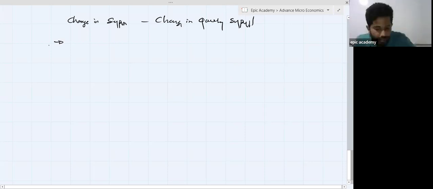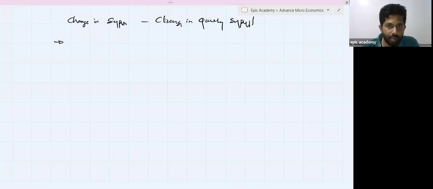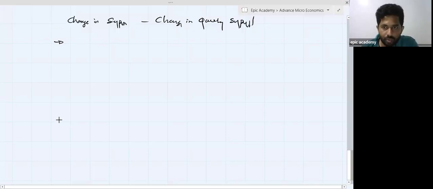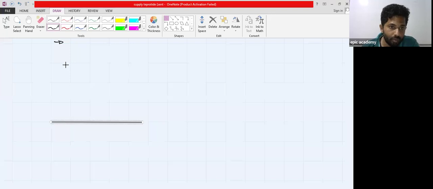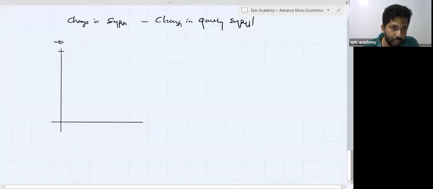Changing quantity supply means, I will describe that by using a curve. Changing supply. Here, you have to identify the determinants or factors which affect changing quantity supply and changing supply. First of all, I'm going to describe the changing quantity supply.